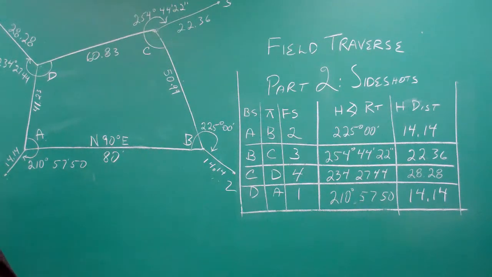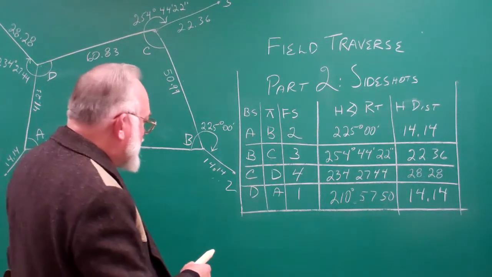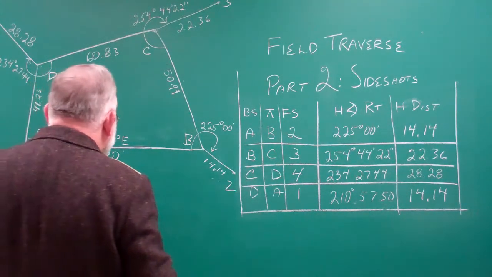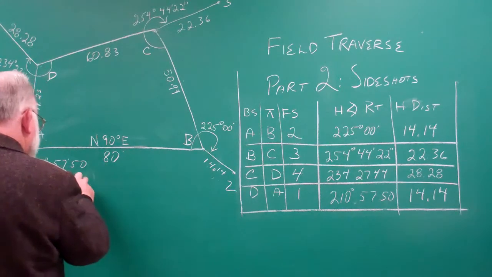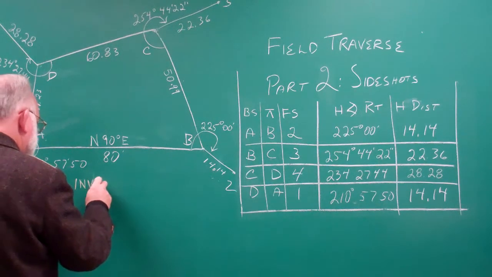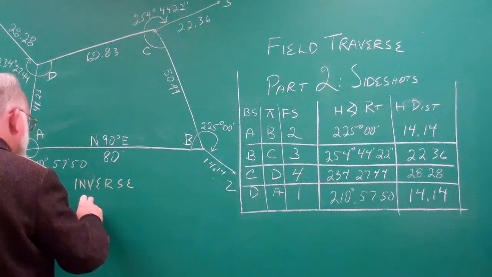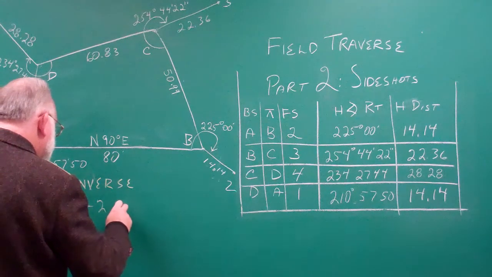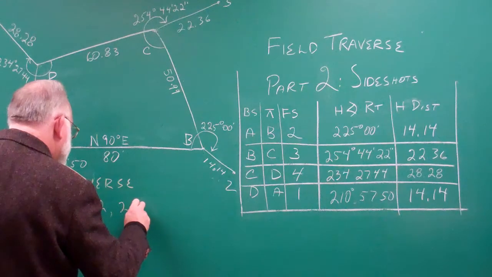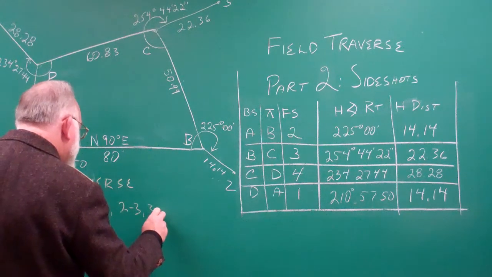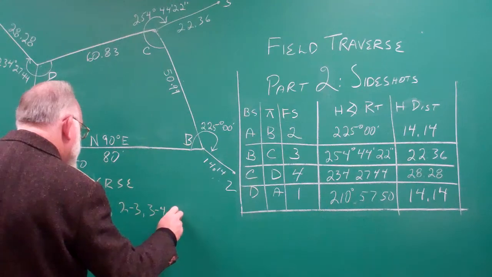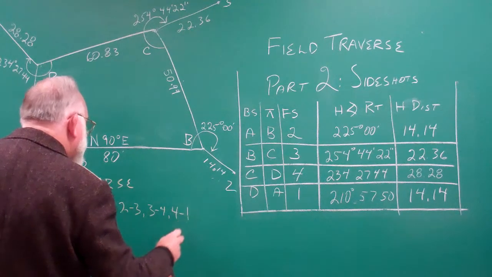Now, the whole reason that we're doing all this is so that you can inverse between 1 and 2, 2 and 3, 3 and 4, and 4 and 1.